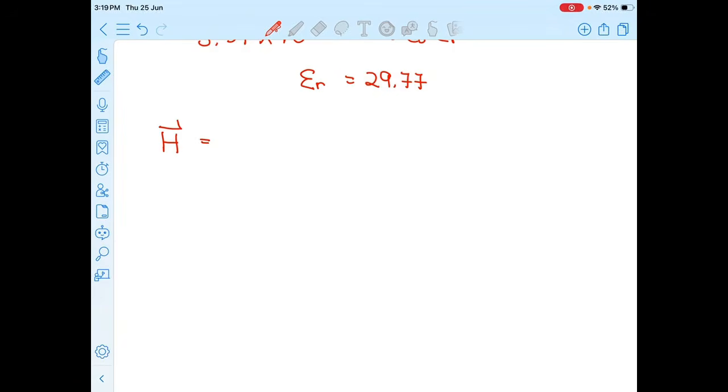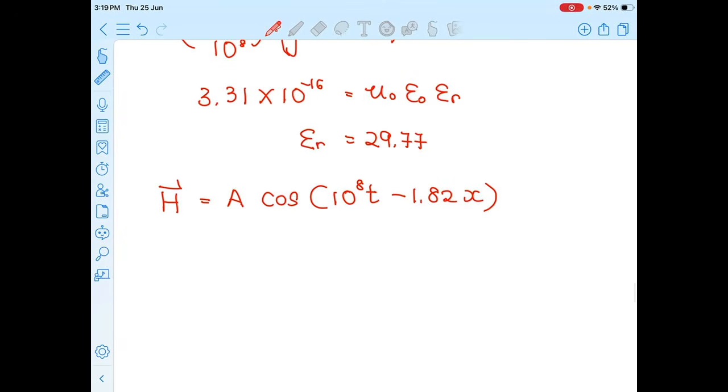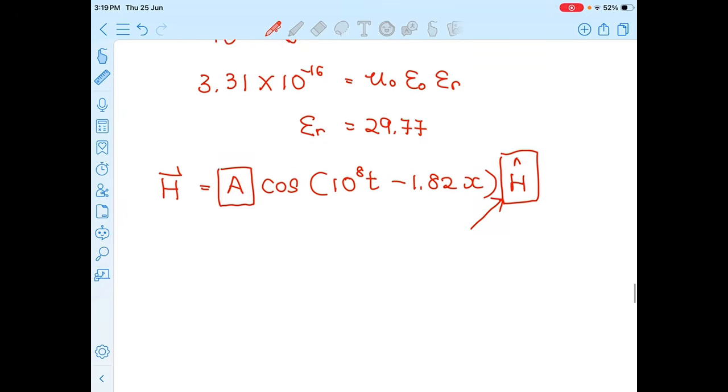You will have an amplitude, it is still cos, and here will be 10 power 8 t minus 1.82 x, because the wave is propagating in the x direction. You need to find out the amplitude and the direction. We go for the direction first.